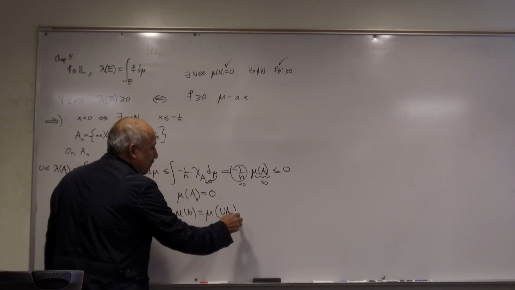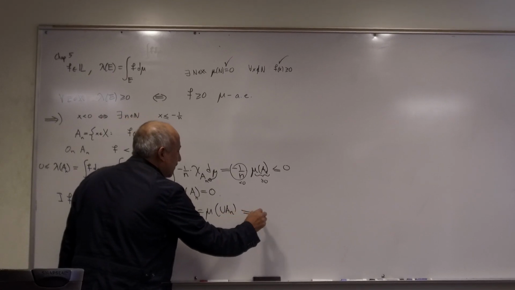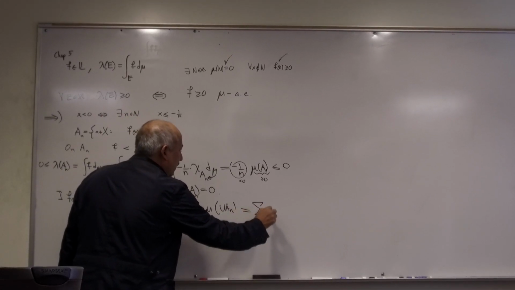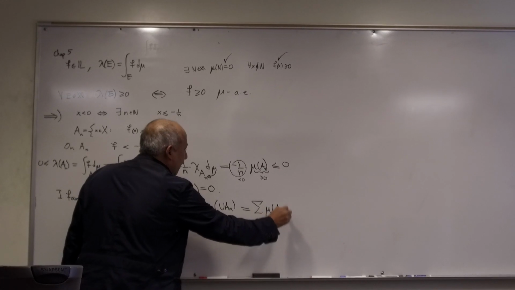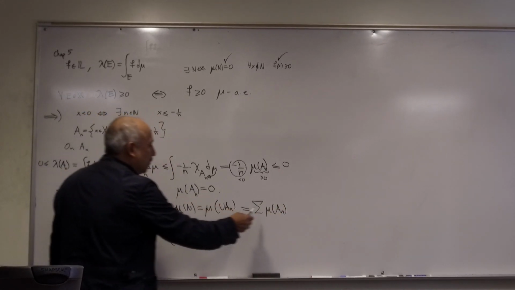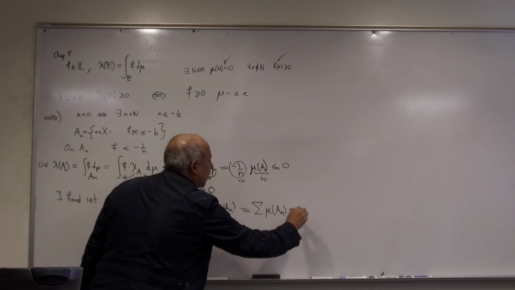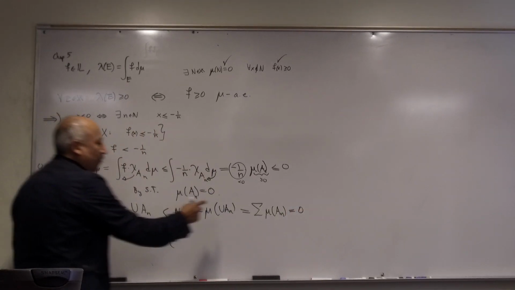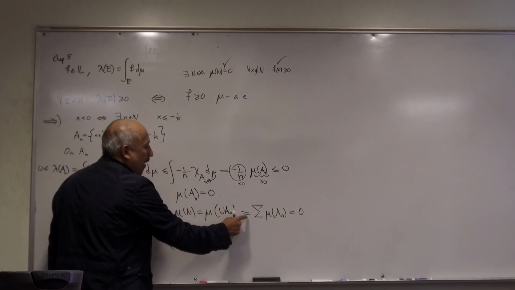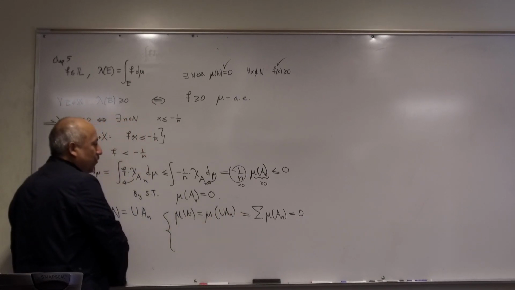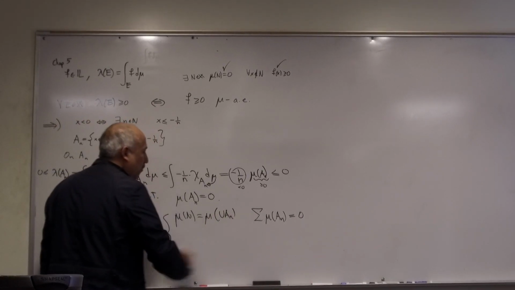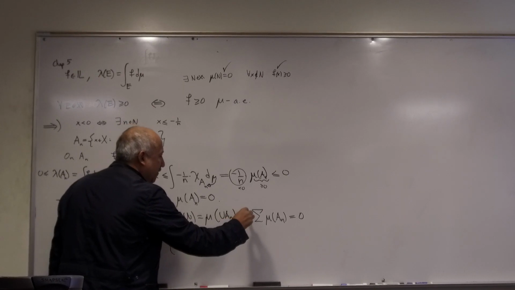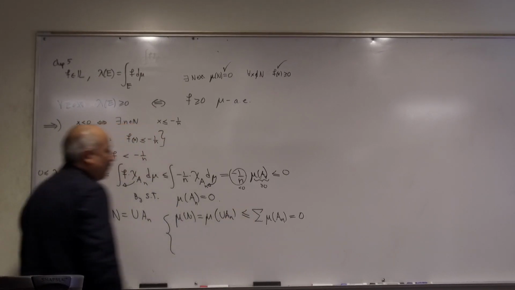So some people are tempted to write here equals the sum of the measures of A_n. I say each of them has measure 0, professor, so therefore the whole sum is 0. And you're right. But that's not true unless they are disjoint, right? We don't know. But what is true for sure is that the measure of any union is less than or equal to the sum of the measures.